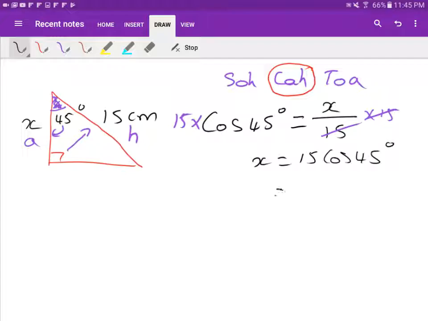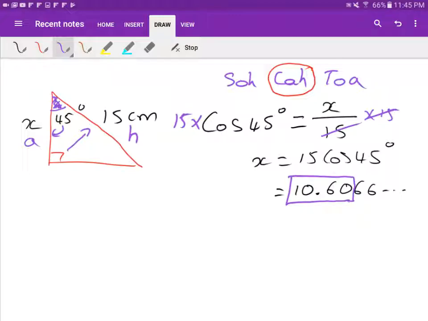So x is equal to 15 cos of 45 degrees. If you type that in your calculator, you should get 10.6066 and so on. Now if I want 2 decimal places, I write 2 numbers after the decimal point. 2 decimal places means 2 numbers after the decimal point.